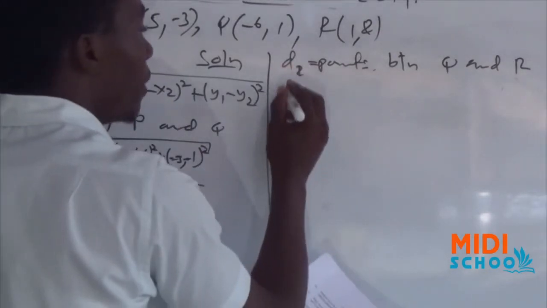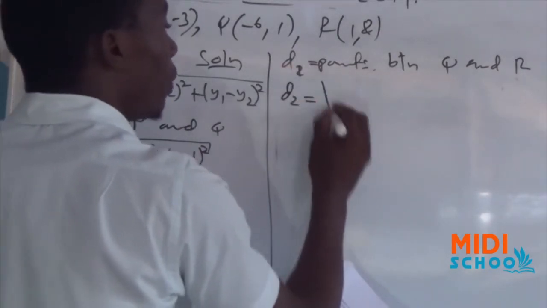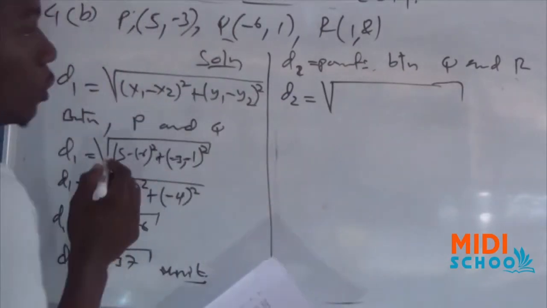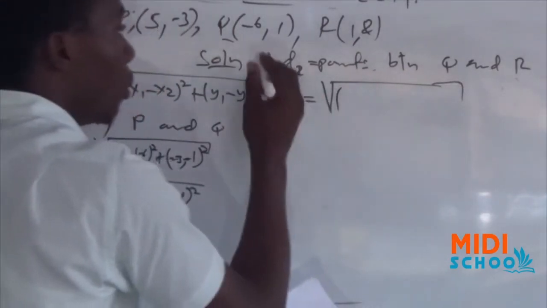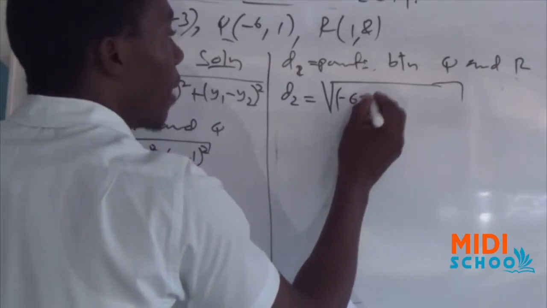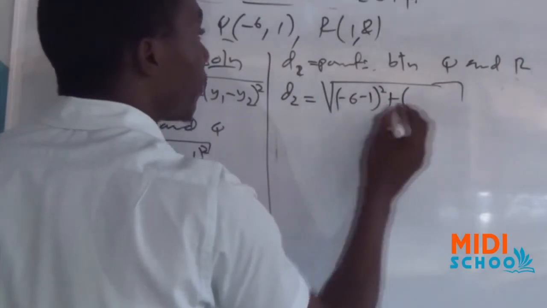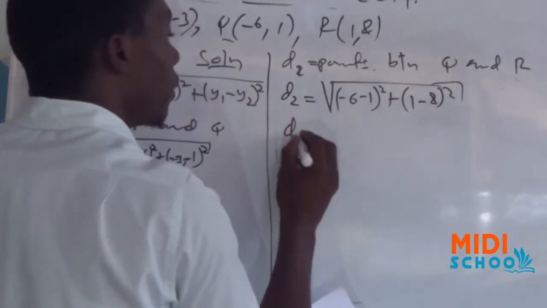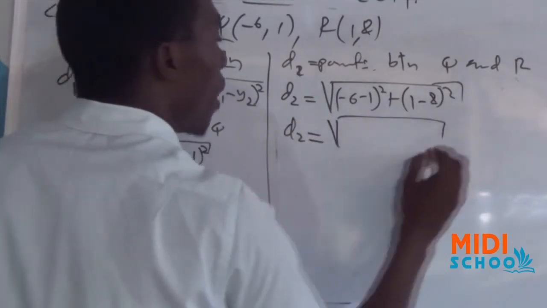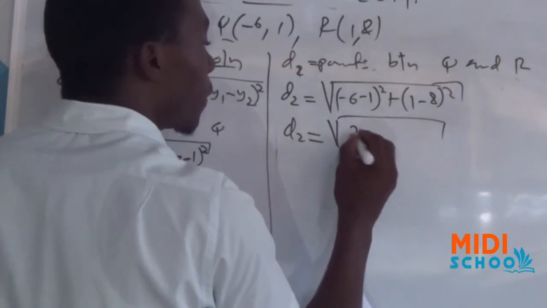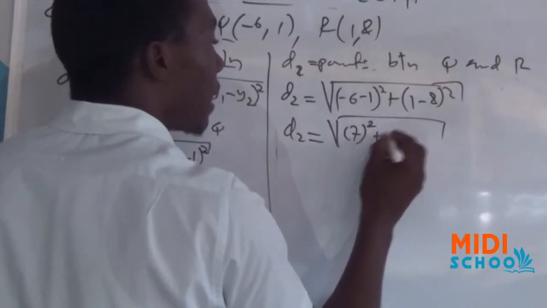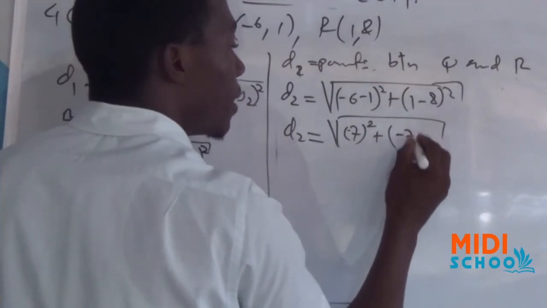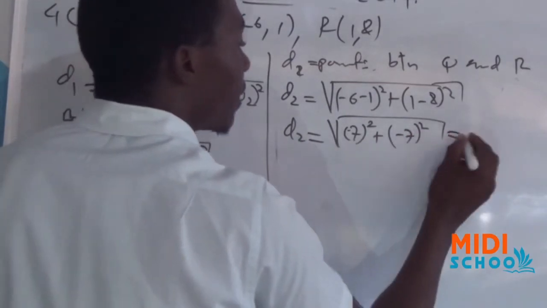So here we have distance D2 between point Q and R. We take (-6 minus 1) squared plus (1 minus 8) squared. D2 is equal to the square root of 7 squared plus 7 squared.